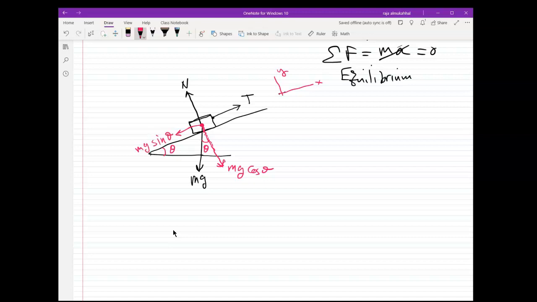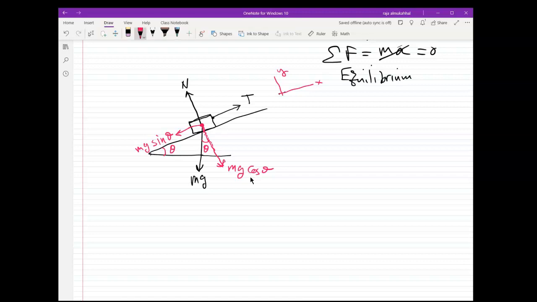Once I get those components for mg, I can simply ignore this mg because it has been replaced with its own components. I hope you understand that. We covered that in the previous lecture, lecture 3, where we covered vectors. And that's it. We are ready to solve this problem.